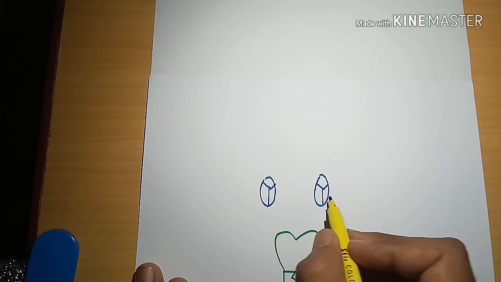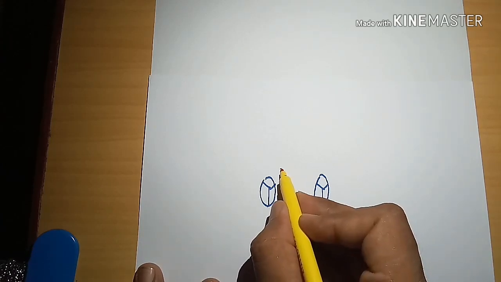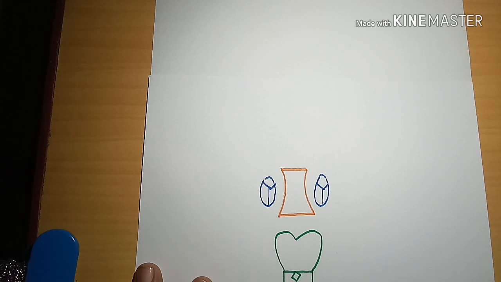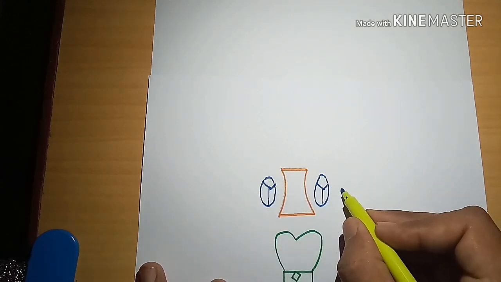One thalamus, another thalamus, and in between the thalami there is the third ventricle. This is the third ventricle, and more lateral to the thalamus the lentiform nuclei are present.